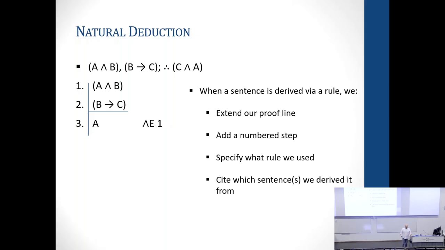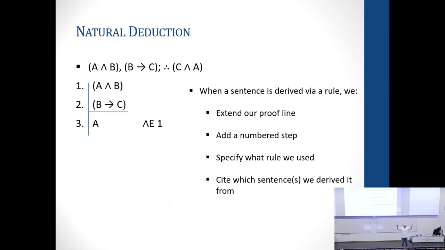What rule do I use here? I used what I will call conjunction elimination. I used the conjunction in one to derive some sentence. I took the conjunction that was in sentence 1 and I broke it and I got a conjunct. I eliminated that conjunction. So what we do as we go along is we cite the rule we've used, right?